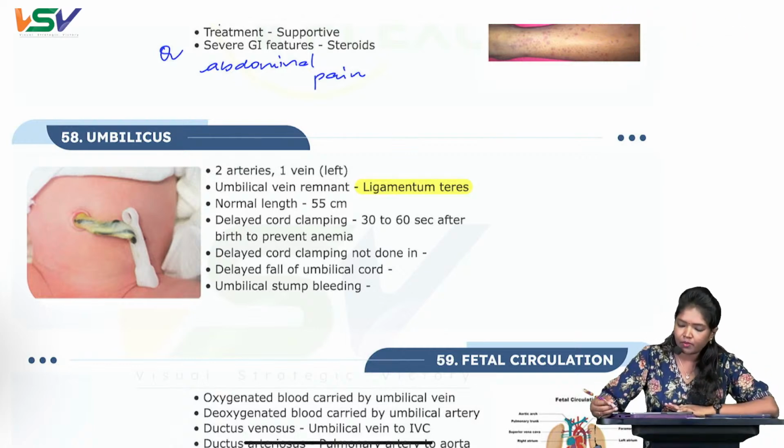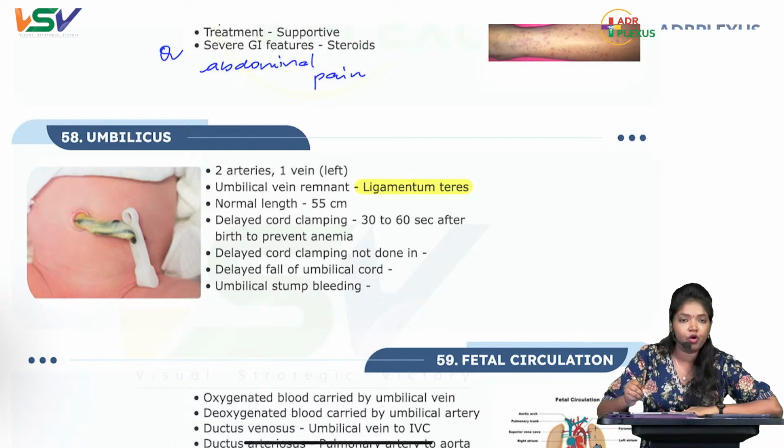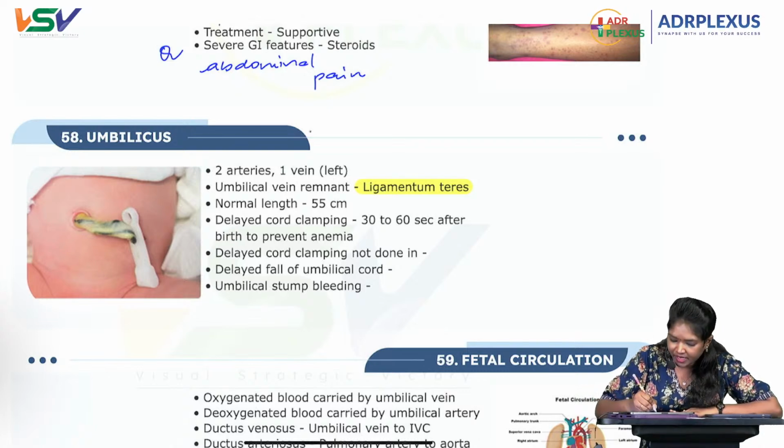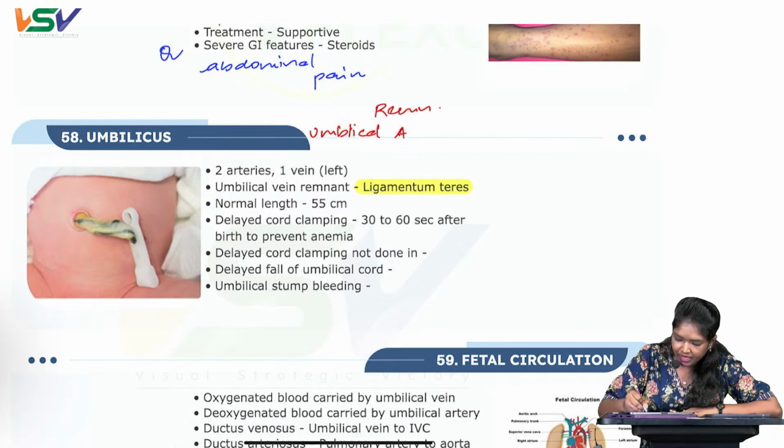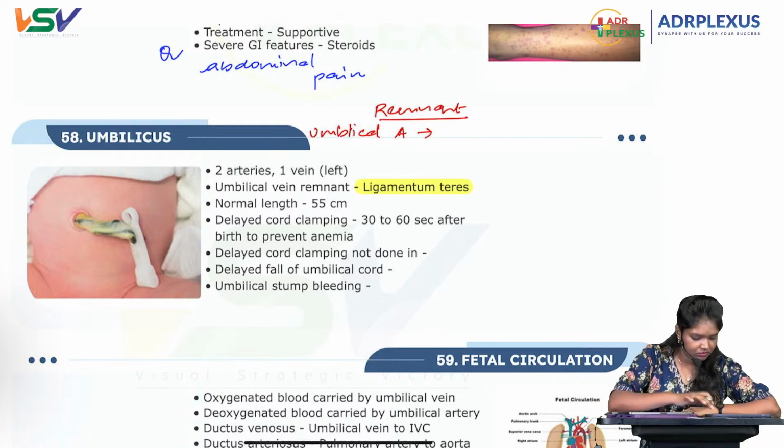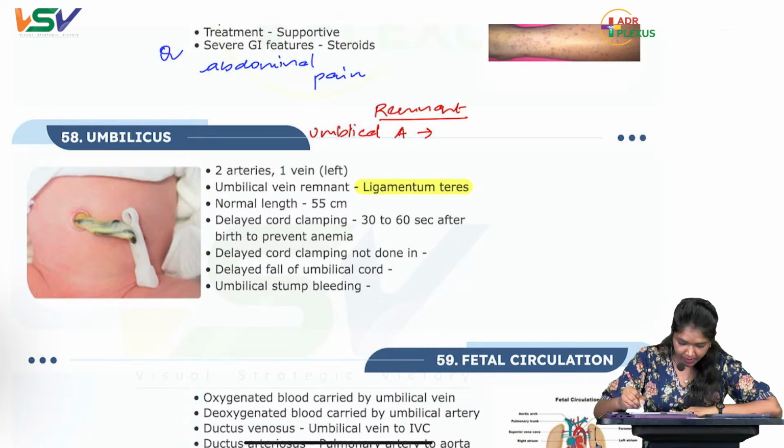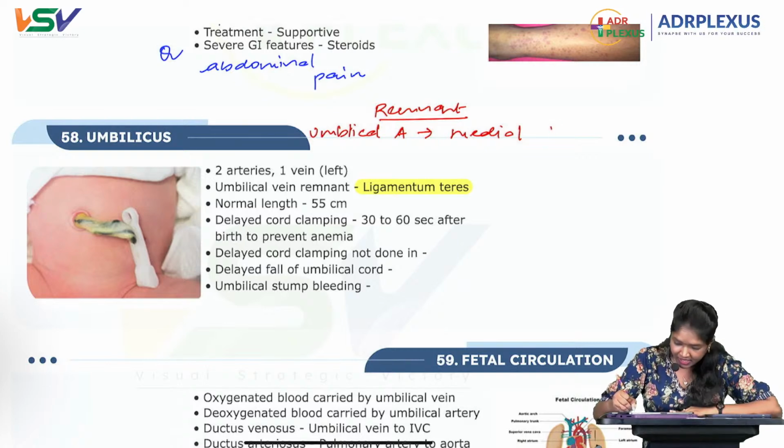So what about the remnants? The remnants are very, very important. What is the umbilical artery remnant called? Medial umbilical ligament.